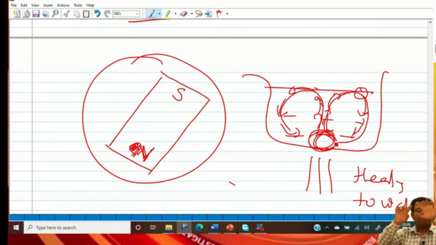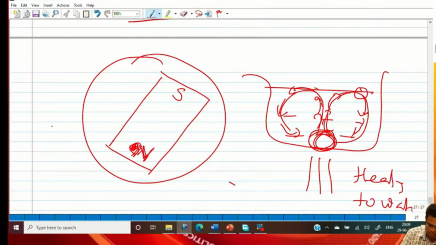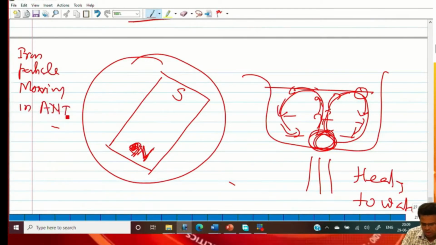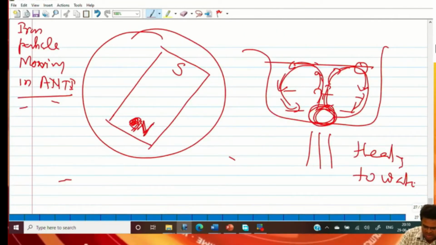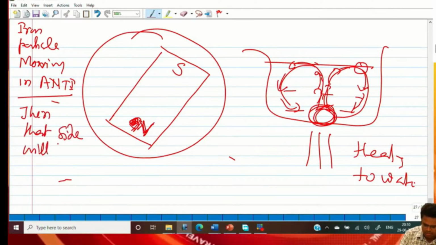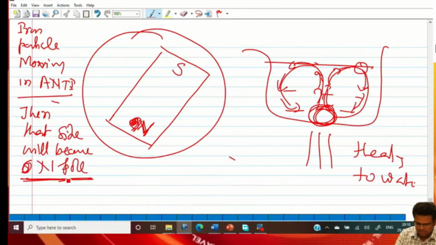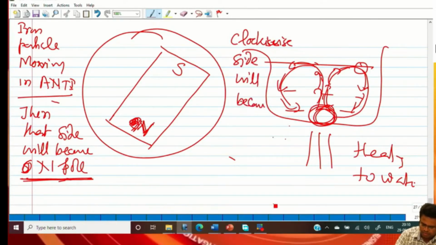The iron particle is moving, and when the iron particle is moving anti-clockwise, then that side will become the north pole, and the clockwise side will become the south pole.